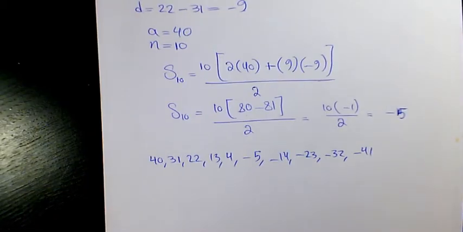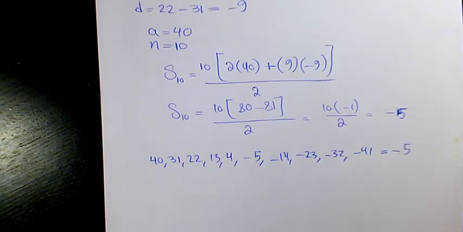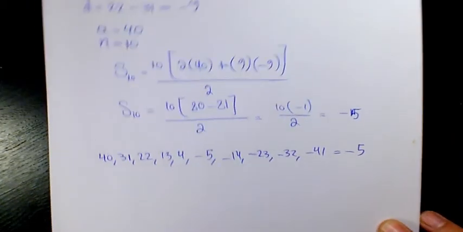So let's check that. 40 plus 31 plus 22 plus 13 plus 4 minus 5 minus 14 minus 22 minus 32 minus 1. That's going to be equal to negative 5. Exactly what we got over there.